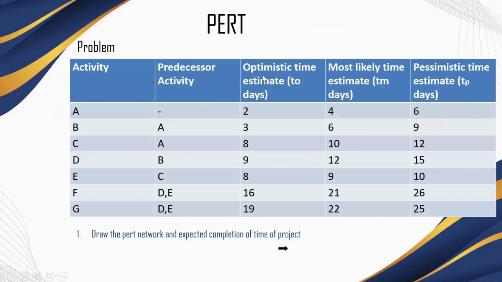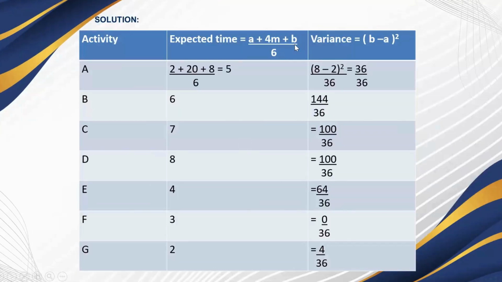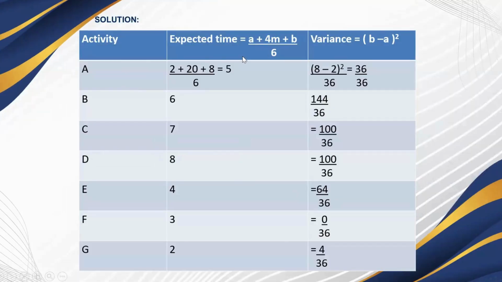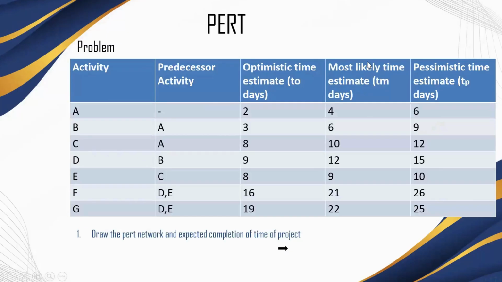A is the optimistic time and M is the most likely time, and B is the pessimistic time. So we will just put the values from the tables into the formula and we will get the answer.